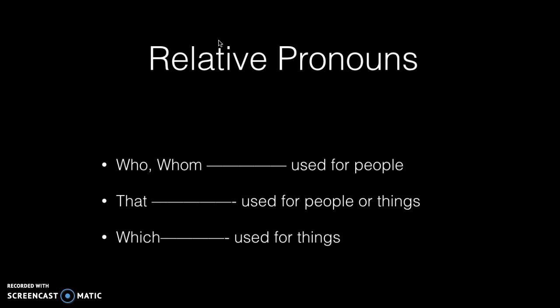When you see these, you can start guessing that you're going to read an adjective clause. The first two, who and whom, are often used to describe people. The next one, that, is also used to describe people, but it can also be used to describe things. Finally, which is only used to describe things.